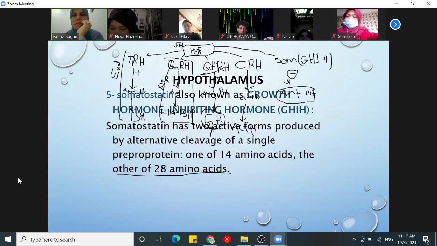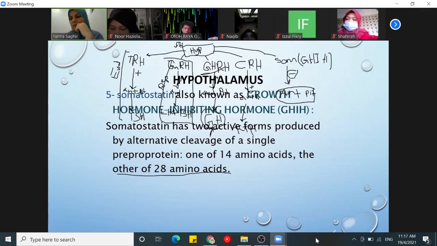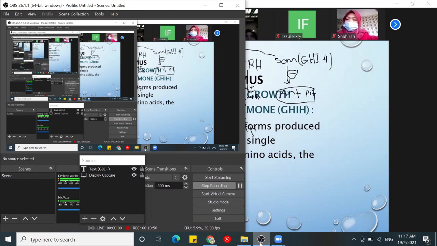Okay, somatostatin will suppress anterior pituitary from secreting growth hormone. So it's against growth hormone releasing hormone.